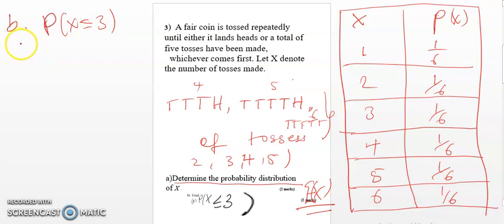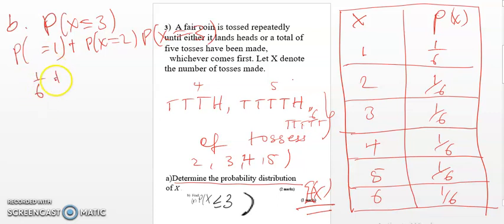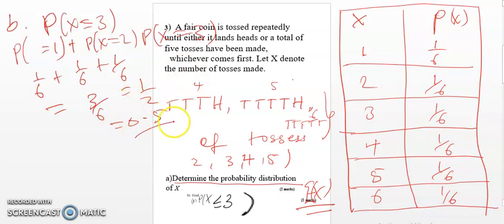This is B. When it is less than or equal to 3, it means that we are taking the probability that X is equal to 1, plus the probability X is equal to 2, plus the probability X is equal to 3. And we know that each is 1 over 6, so 1 over 6 plus 1 over 6 plus 1 over 6, and we will simply get 3 over 6, which is a half. That is our probability, which will also give you 0.5.